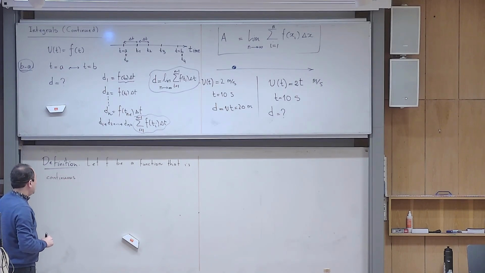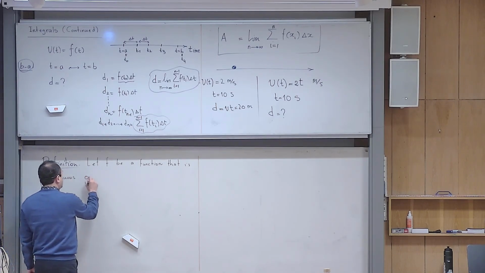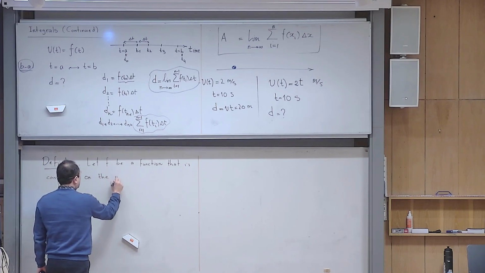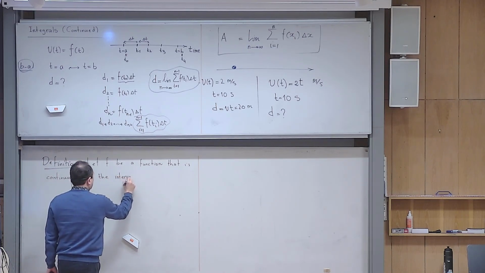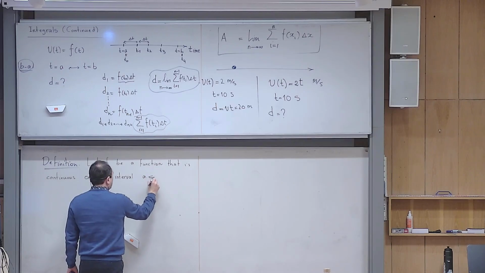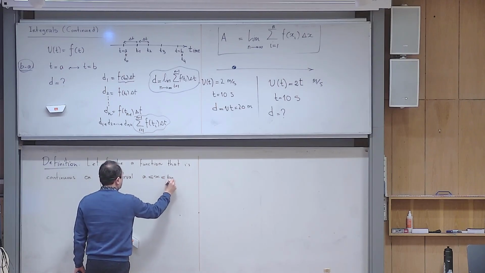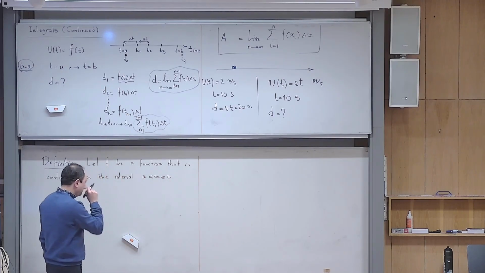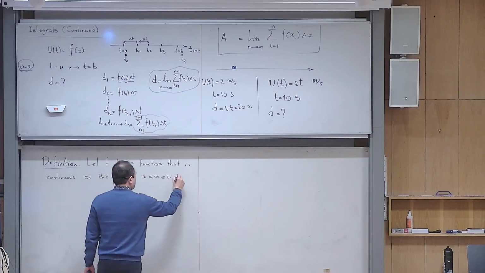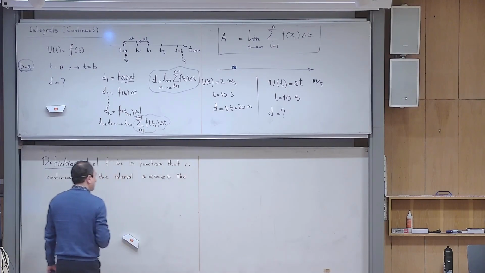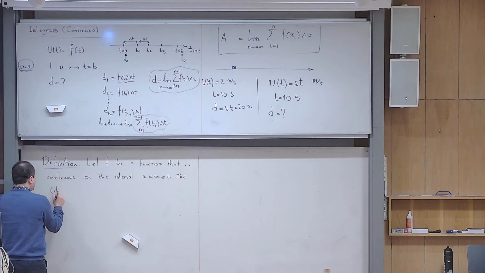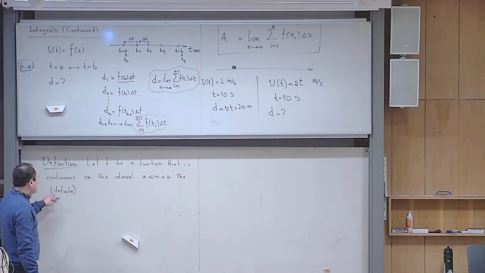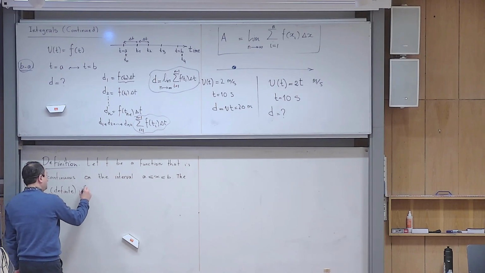So let f be a function that is continuous on the interval a less than or equal to x less than or equal to b. This is the adjective that we usually use, but this is not in your book because you have only one type of integrals.